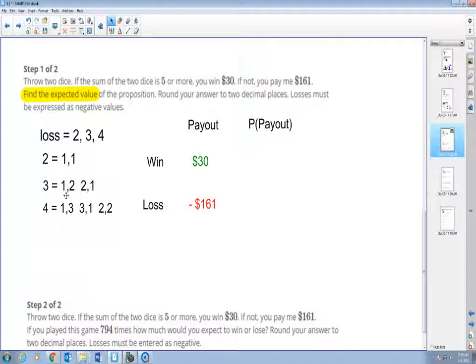So there are 6 ways to lose out of 36. So losing is 6 ways out of 36. Okay.